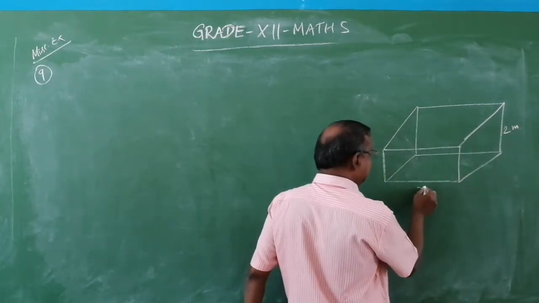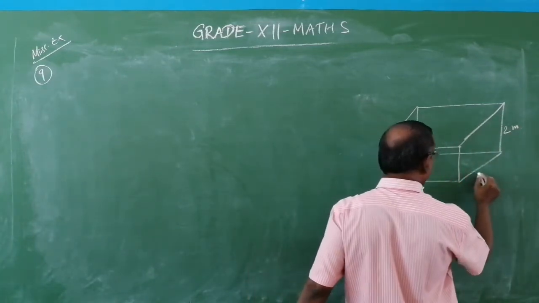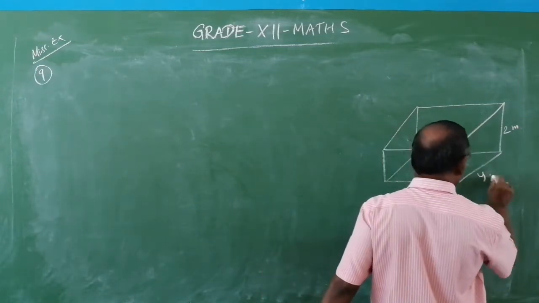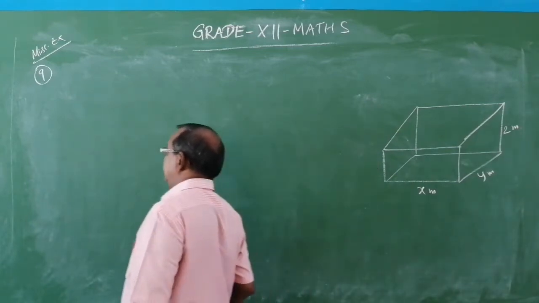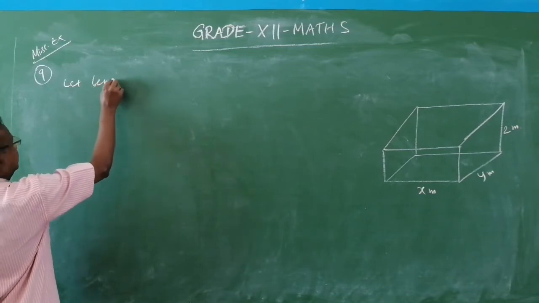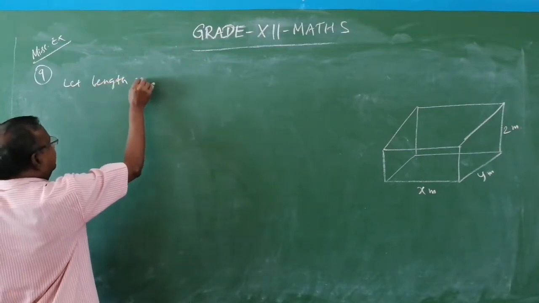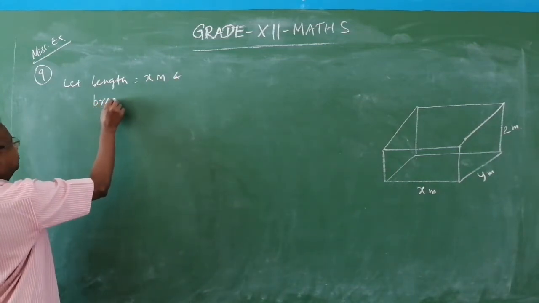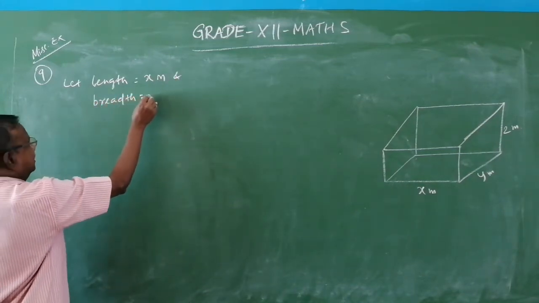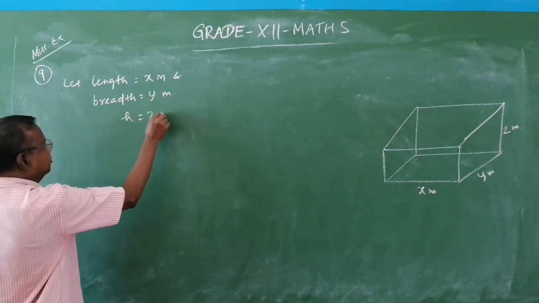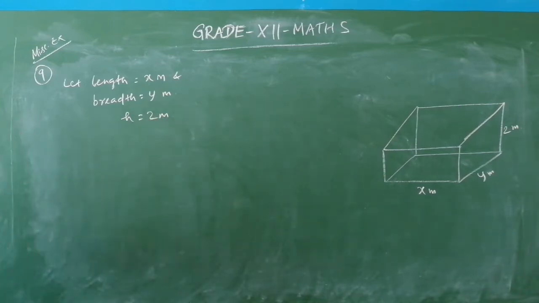Let length equal x meter and breadth equal y meter. Clearly, given h equal to 2 meter and the volume is 8 meter cube.